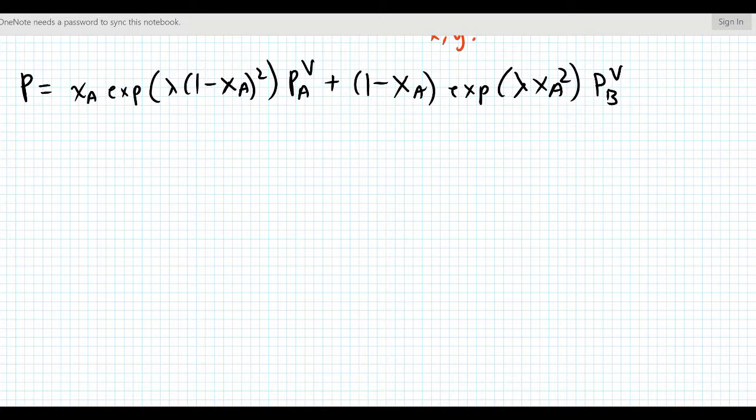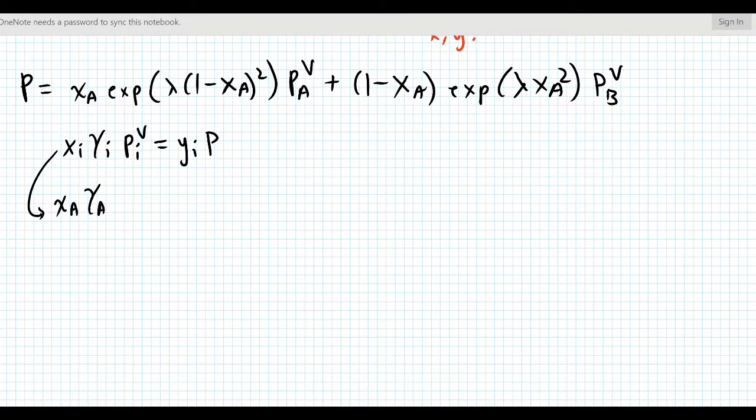So, now let's go back to the modified Raoult's law. We know it's xi gamma i Pi^V is equal to yi P. So let's, instead of expanding it across all species in the mixture, just expand it across one species and say that xa gamma A PA^V is equal to yA P. So let's solve this for yA.